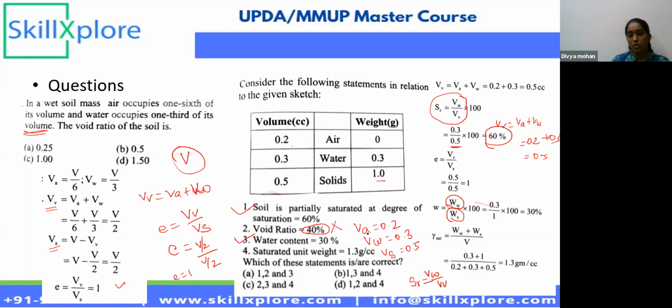And saturated unit weight: gamma sat is equal to (weight of solids plus weight of water) by total volume. They have given the weight of solids, the weight of water and the total volume, so we get 1.3 gram per cc, and it is also correct. So the options are 1, 3 and 4. So B is the right answer. Okay.